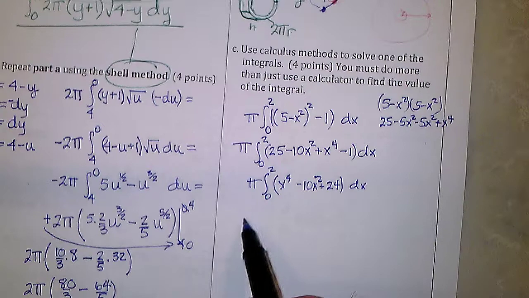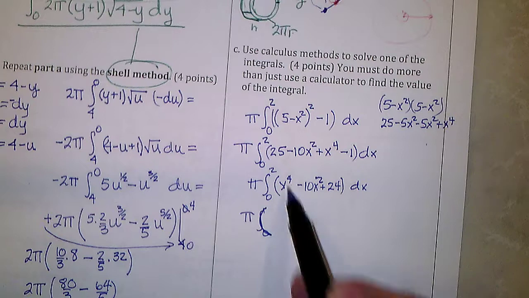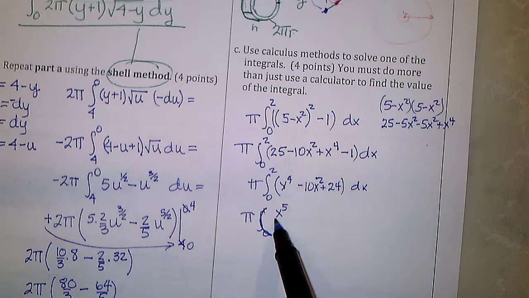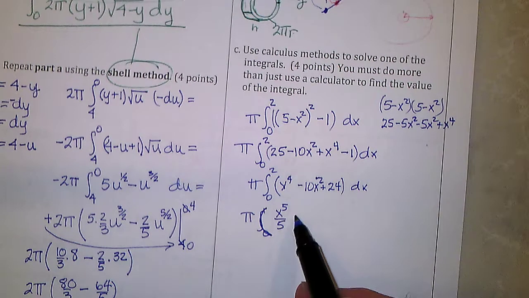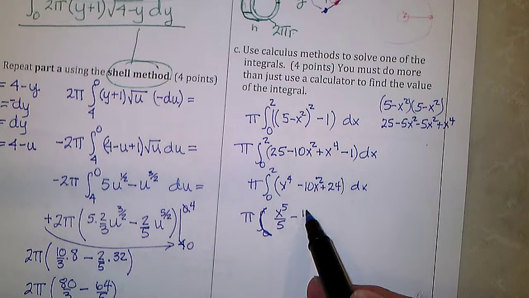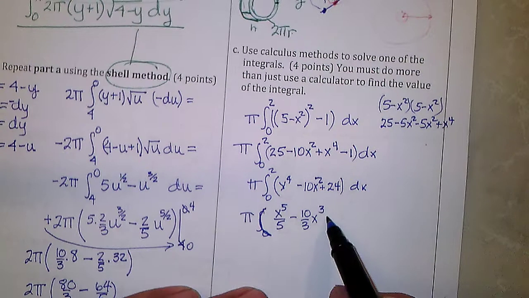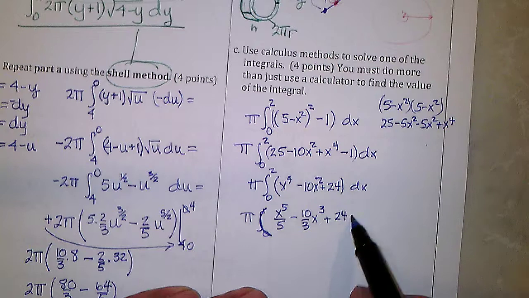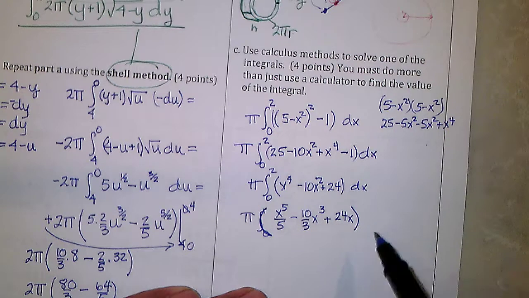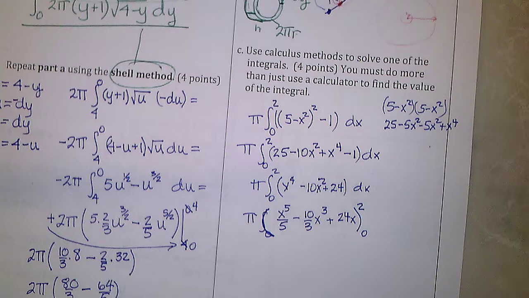So integrating that, I would have pi, integrating it, this would be x to the 5th over 5 minus, that would go to the third, so it would be minus 10 thirds x to the 3 plus 24x evaluated from 0 to 2.